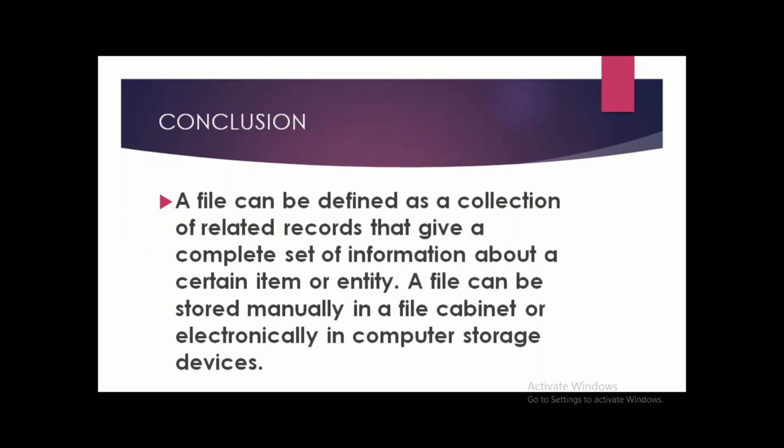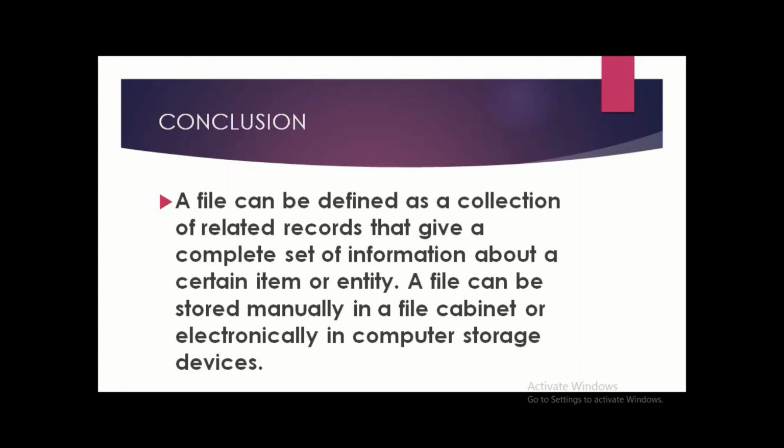And in conclusion for today's class, I told you before that we are going to have a short video tutorial. It didn't take much time, just to brief the class. In conclusion, what is a file? It's a collection of related records that gives a complete set of information about certain items or an entity.